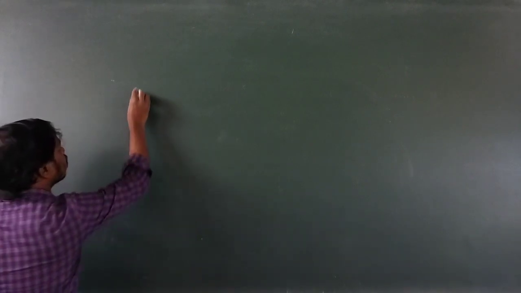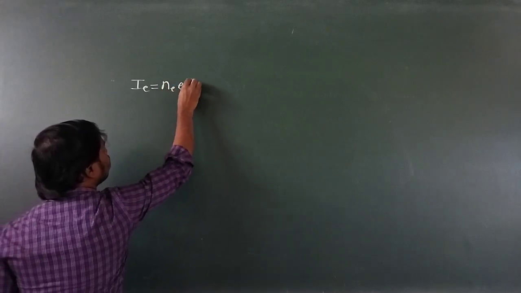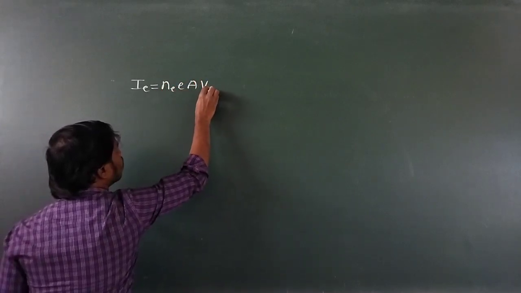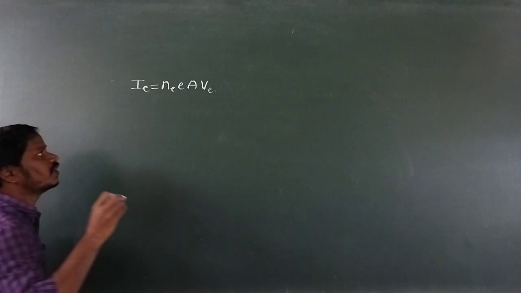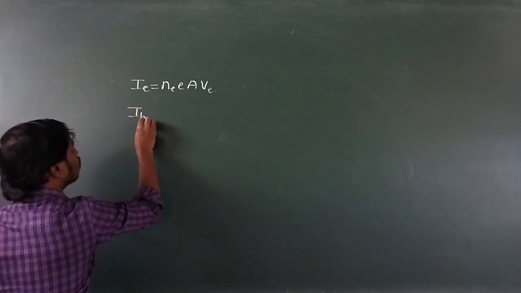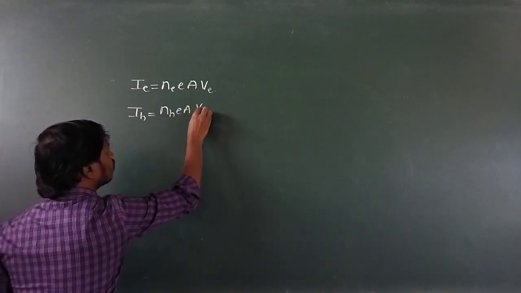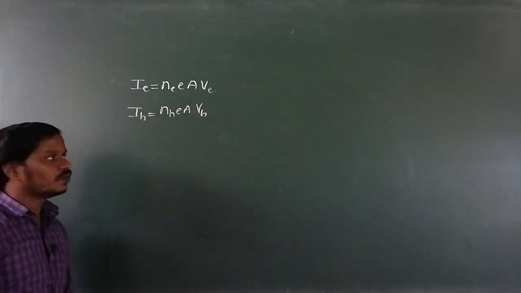Now see here, IE is equal to Ne into E into A into VE, where VE is the drift velocity of electrons. Next IH is equal to NH into E into A into VH, where VH is the drift velocity of holes.